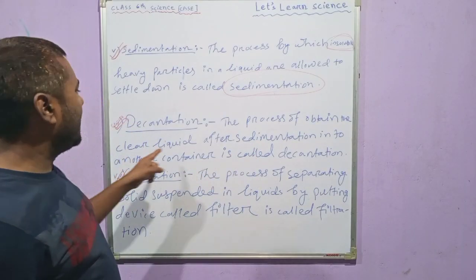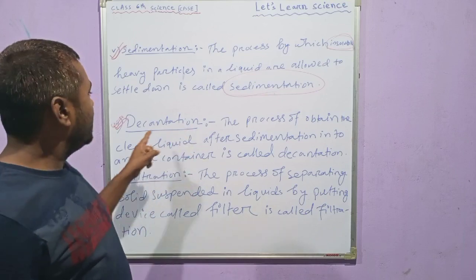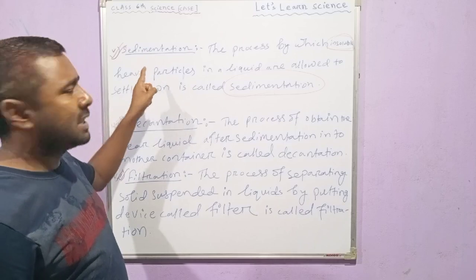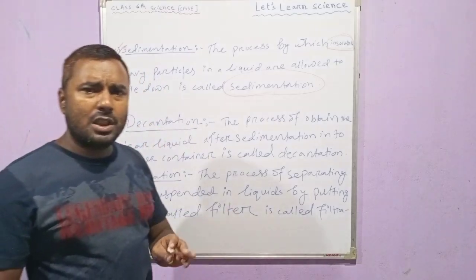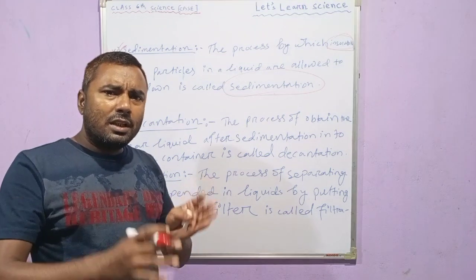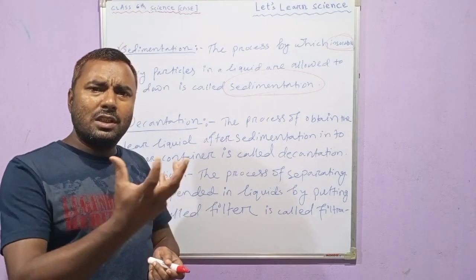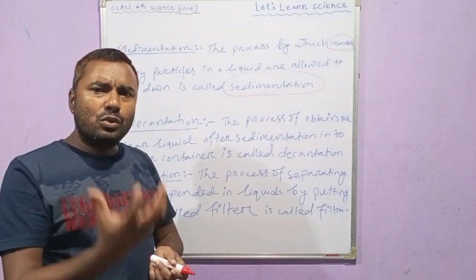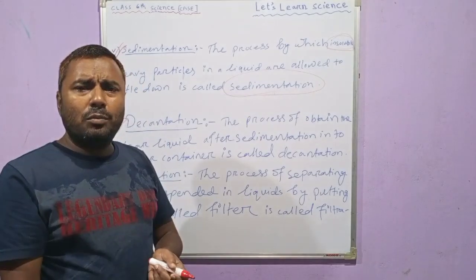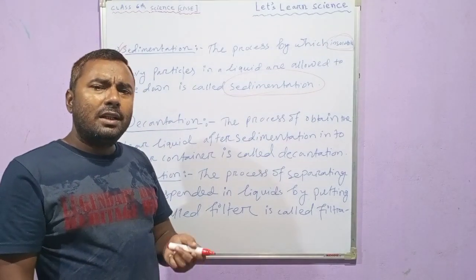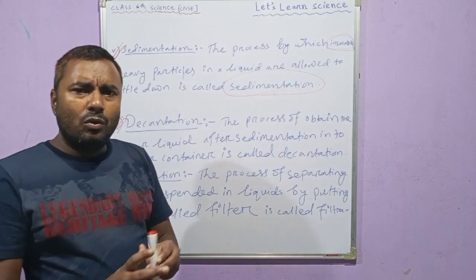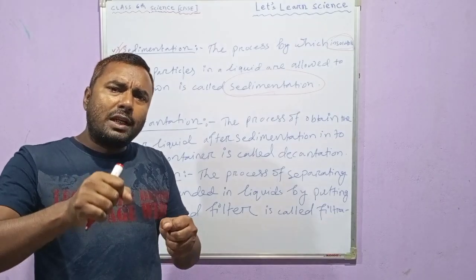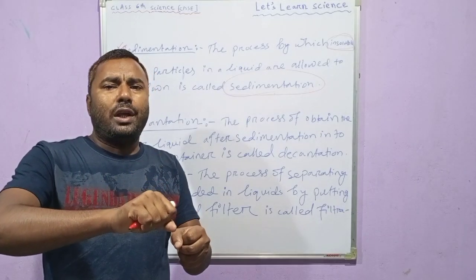Now let's see decantation. The process of obtaining the clear liquid after sedimentation. So decantation is a method of separation that is applied just after sedimentation. In sedimentation, the insoluble particles in the liquid settle down at the bottom of the container. When the insoluble particles settle at the bottom, we can slowly hold the container and pour that clean water into another container.